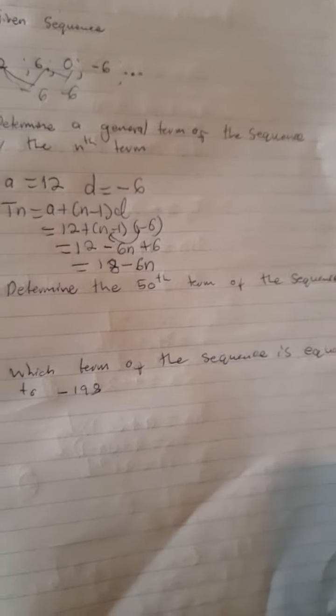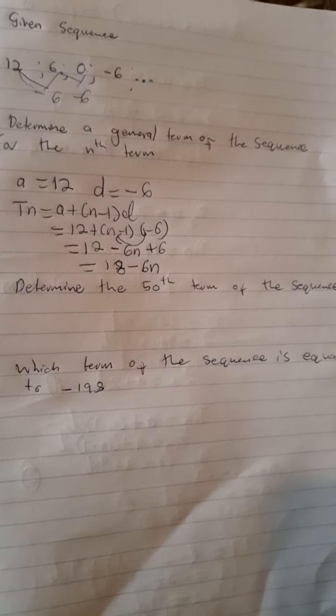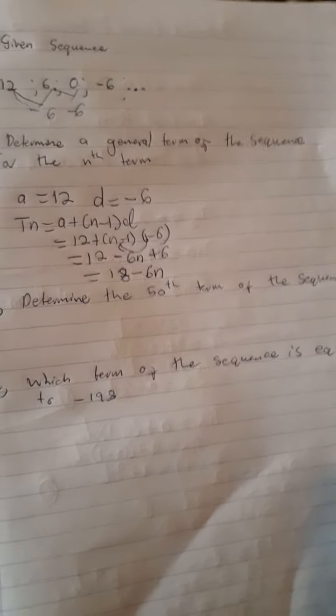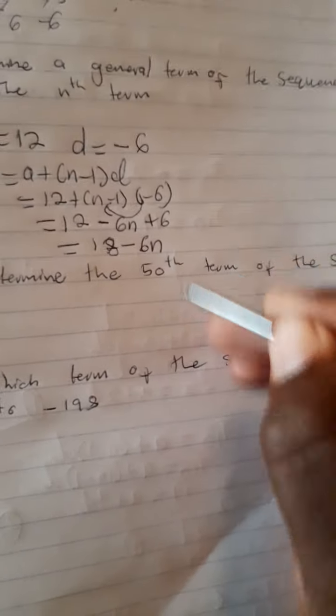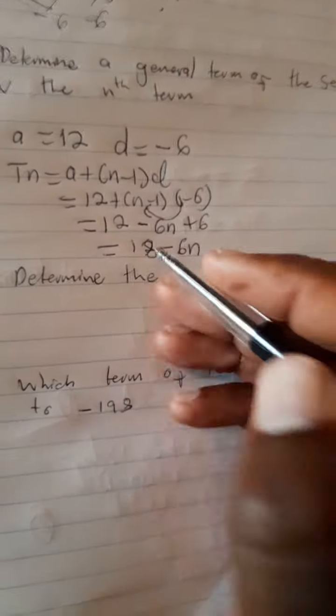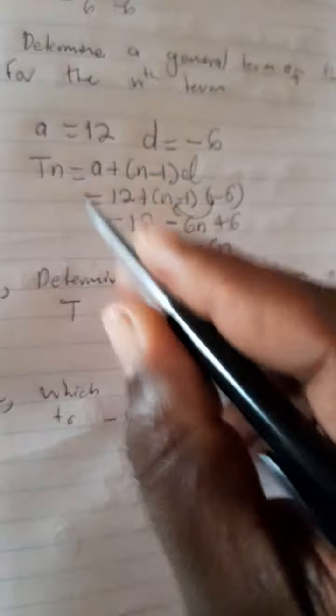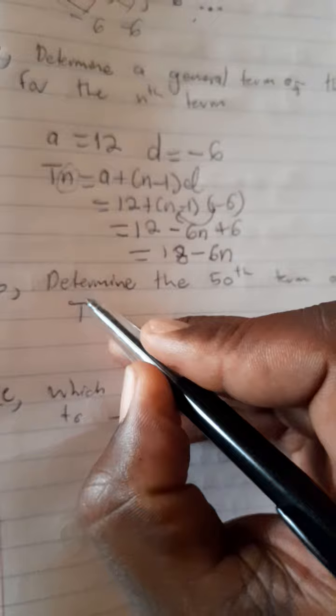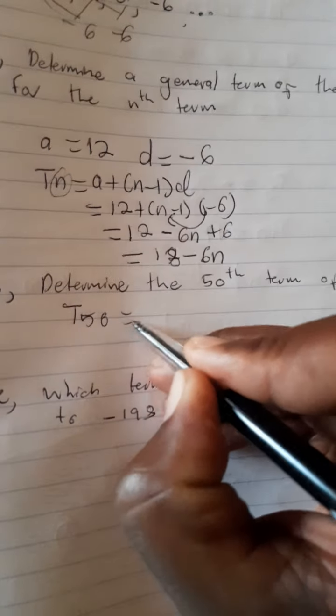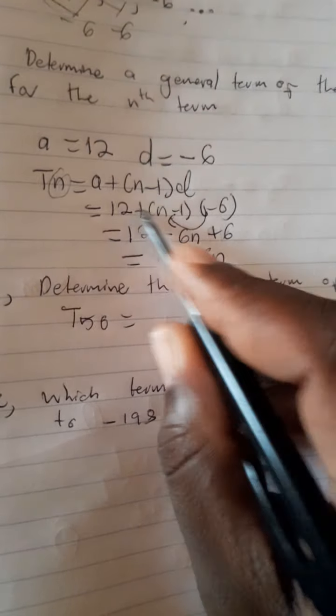So question B, which is our question 2, says determine the 50th term of the sequence. When they say determine the 50th term of the sequence, actually here they are looking for the position, meaning where there is n, you shall place 50 there. So we can substitute 50 for n here.